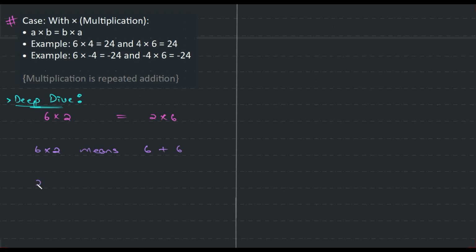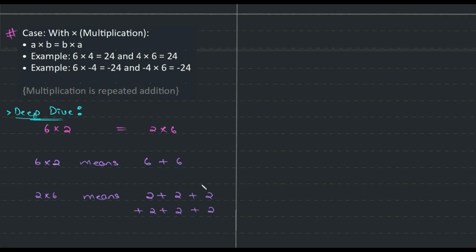Right? 2 into 6 means what? Remember, multiplication is repeated addition. So 2 into 6 means 2 is added 6 times. And 6 plus 6 leads to, yes, 12. While 2 plus 2 plus 2 plus 2 plus so on and so forth leads also to 12. And that is the reason.